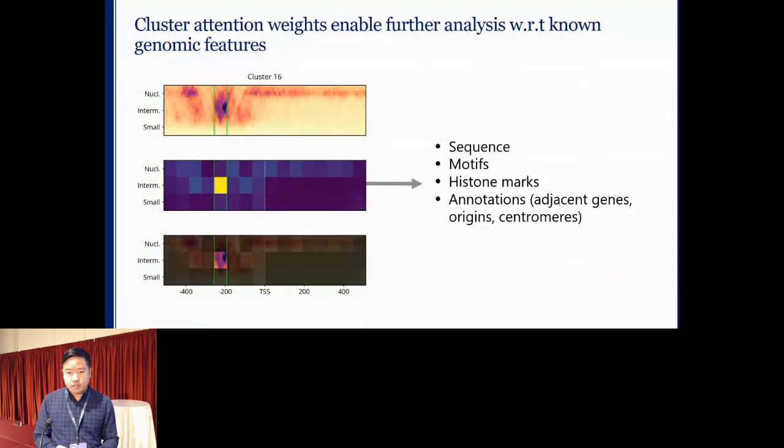Potentially these positions in the promoter will have certain sequence or motif patterns that we can further analyze, and if there are nucleosome positions that are important, we can try to link them to different histone marks, or maybe the genes will have certain types of genomic features, maybe adjacent, divergent, or tandem genes upstream, or maybe nearby origins. So we can decide further how to analyze these attentions and clusters.